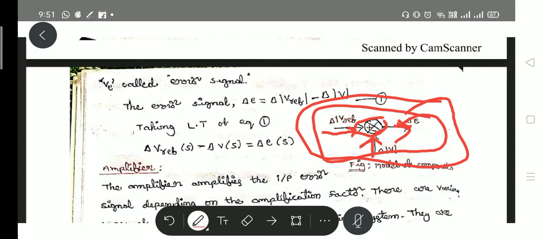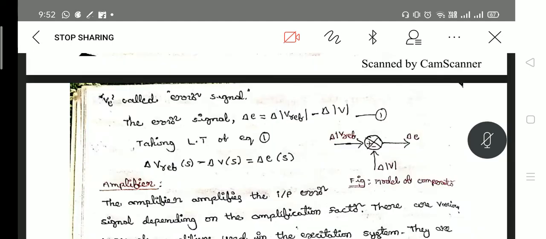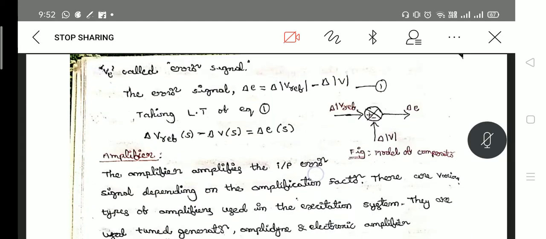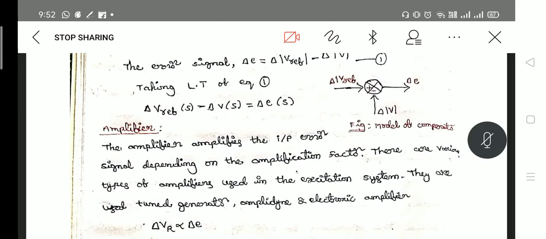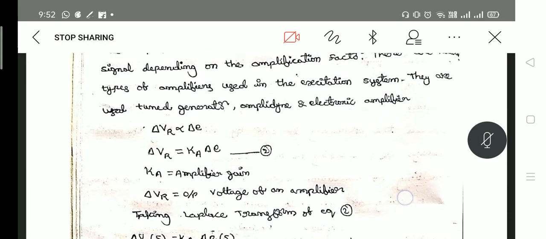Next one is the amplifier. The amplifier amplifies the input error, that is, the error signal delta V reference minus delta V of S, so that the error can be eliminated, and gives it to the excitation system.